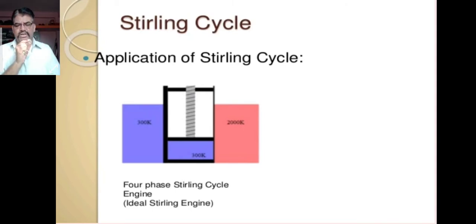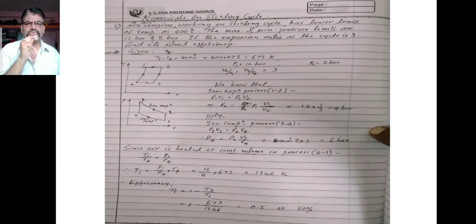There is one note here: the efficiency of the Stirling cycle is the same as that of the Carnot cycle, and all reversible cycles have the same efficiency. One more note: if heat is taken from the regenerator during process 4 to 1, the formula may be changed a little. So this is all about the Stirling cycle, which was the first cycle.